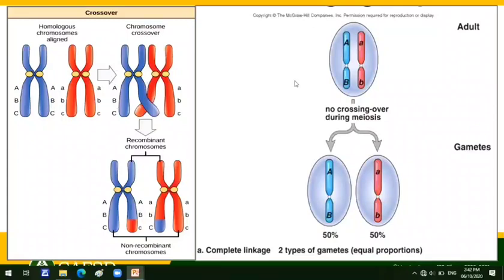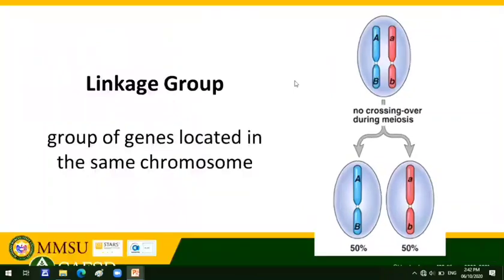Now, I have mentioned a while back a linkage group. Actually, a linkage group is simply the group of genes located in the same chromosome. This is one group of genes located in the same chromosome, and this is another group of genes located in the same chromosome. I would like to correct myself. This is a group of genes located in the same chromosome.